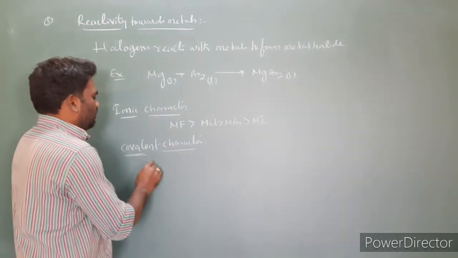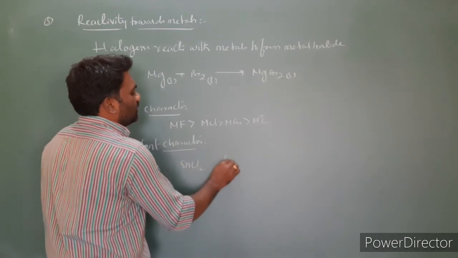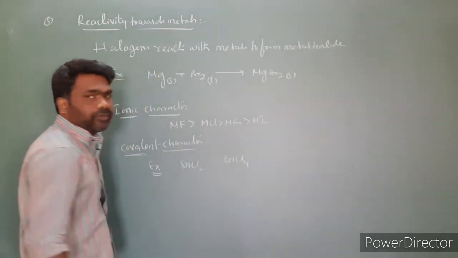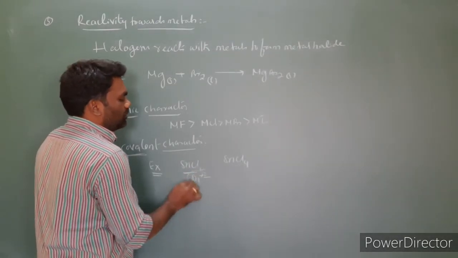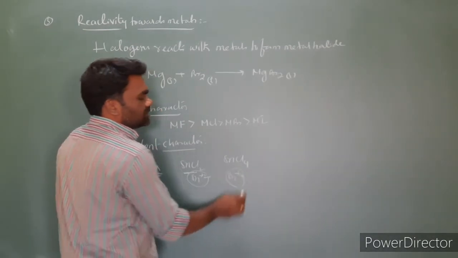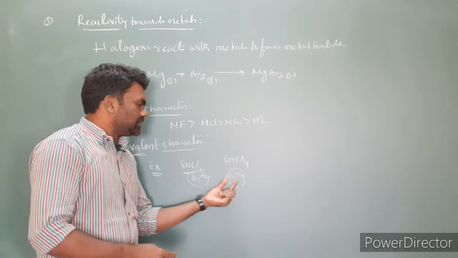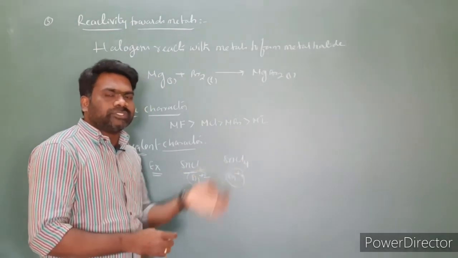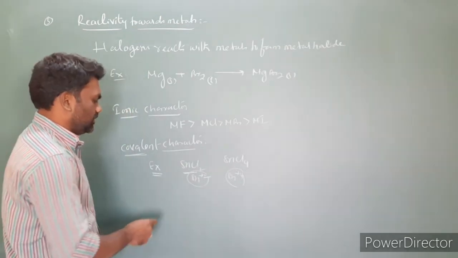Let us take one example, SnCl2 and SnCl4. Here the metal Sn is in the +2 oxidation state. Here Sn is in the +4 oxidation state. Now the question is which is more covalent?